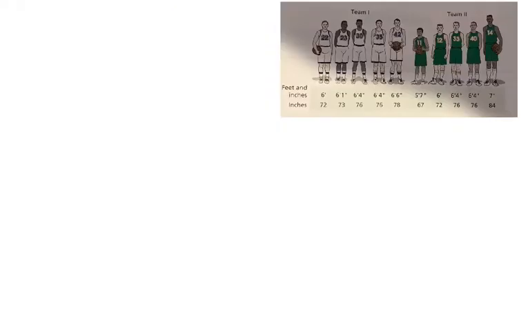Let's do it for Team 1. That's the team that we're going to calculate the standard deviation for. The first thing we have to do is calculate the sample mean.